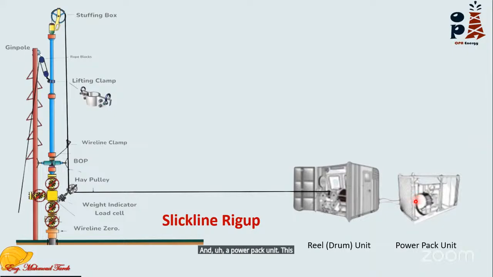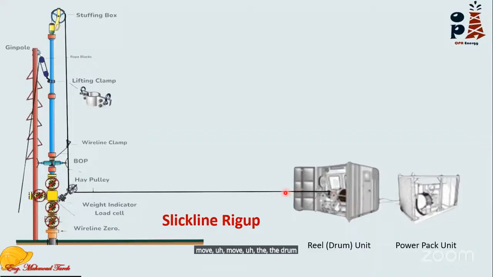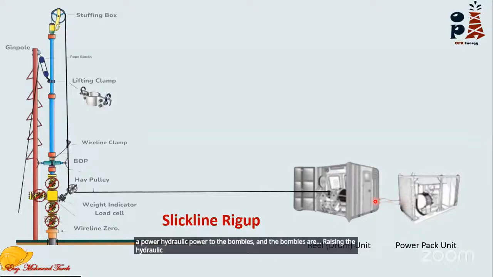This power pack unit gives the power required for the rotation of the drum, to move it in the upward direction and the reverse direction. All the motion and hydraulics required for the motion of the Slickline come from the power pack. It's simply a generator to generate hydraulic power to the pumps, and the pumps raise the hydraulic pressure in the hoses connected to the drum to make the movement by internal motors and so on.